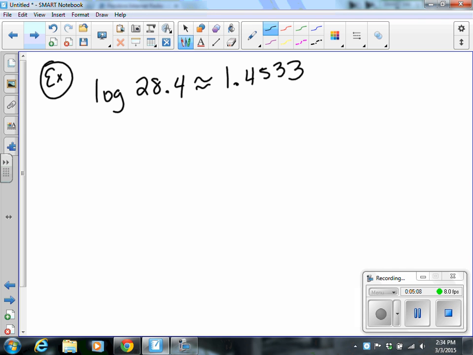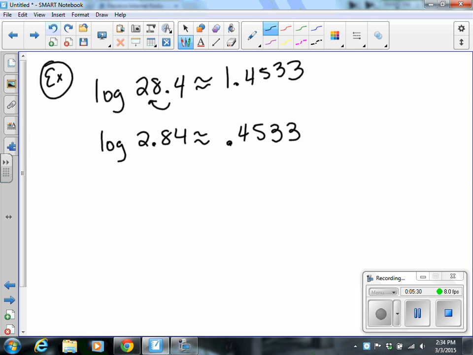So with this being said, I can move my decimal to find my mantissa. My mantissa is 0.4533.